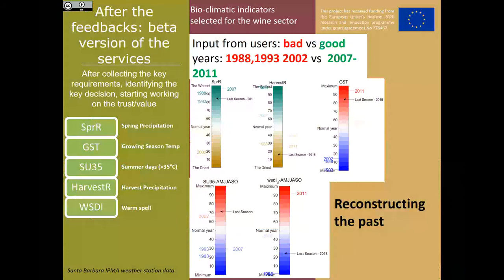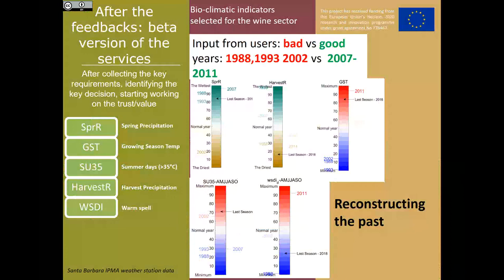In terms of growing season temperature, for instance, we can see that all the bad years exhibit very low growing season temperature, while the good years show values of the growing season temperature above the normal.